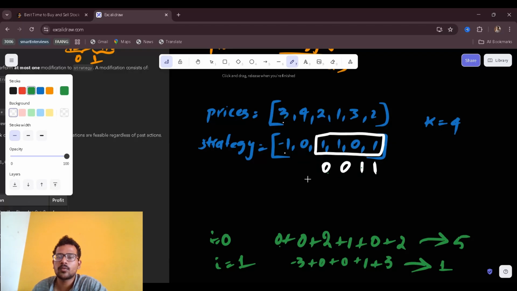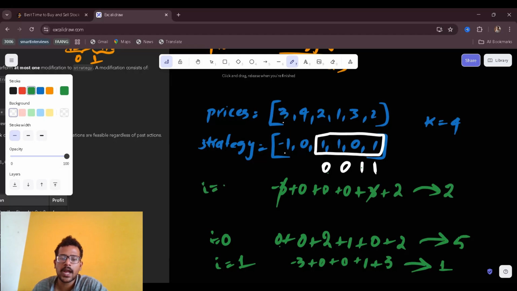So let us calculate the profit: 3 into minus 1, minus 3, 4 into 0, 0, plus 2 into 0, 0, 1 into 0, 0, plus 3 into 1, 3, plus 2 into 1, 2. So the profit will be 3 minus 3 is 0, plus 2 is just 2. So for i equal to 2, I have 2 as the answer.